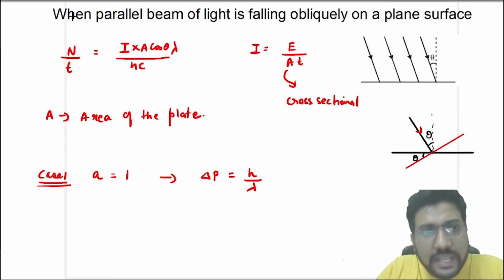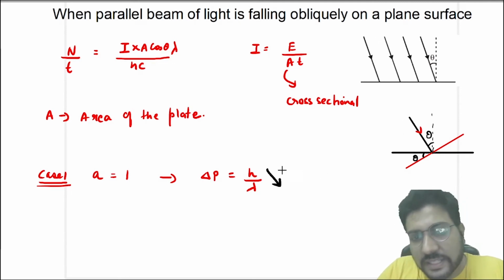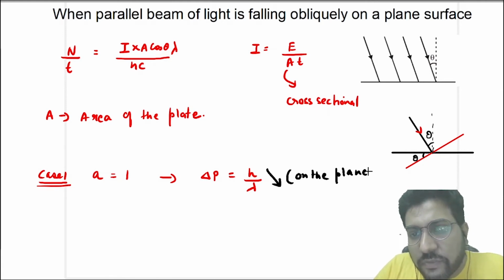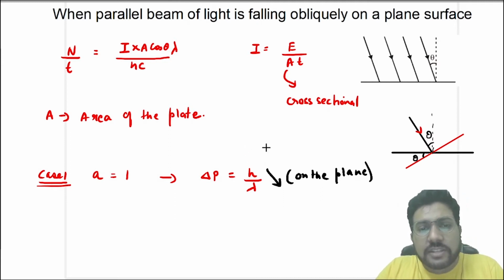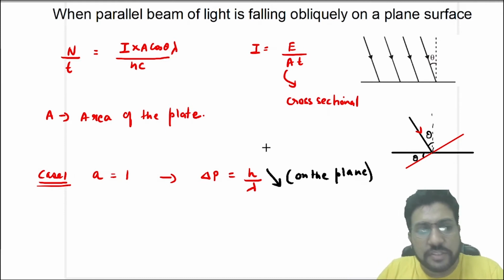because it is along the incident light. So this is the direction of the change in momentum, this along the incident light, on the plate. If they are asking you on the photon, then it will be upwards, and the direction of change in momentum is the same as the direction of force, because force is rate of change of momentum.